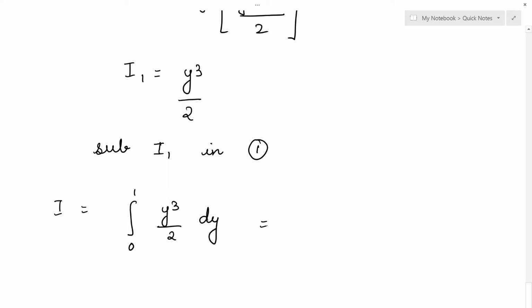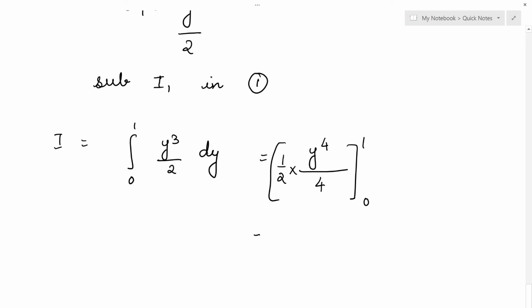It's a very simple integration. The integration of y cube is y to the power 4 upon 4, and this 1 by 2 is outside the integration anyway. The limits of integration here are 0 to 1. So that will be 1 by 8, which is my final answer for the integration.